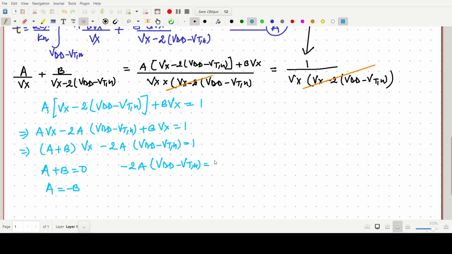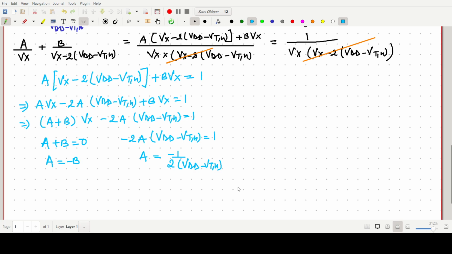Those who don't know the partial fraction concept can go and study it. So A equals to minus 1 by twice times of (VDD minus Vtn), and B equals just minus this, so 1 by twice (VDD minus Vtn).